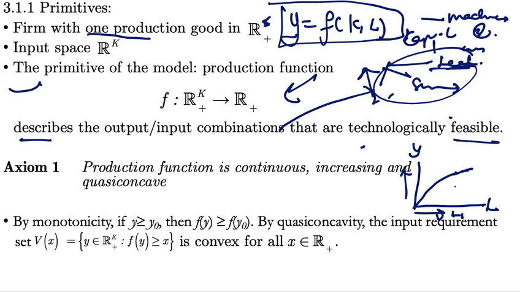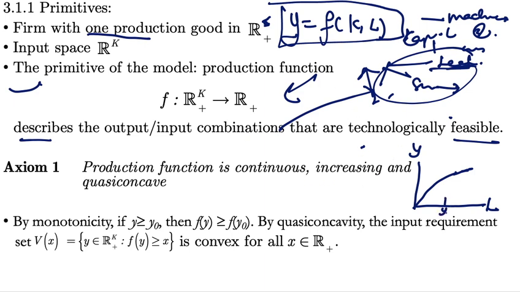And by monotonicity, if y is greater than y naught, let's just assume that we have one input for simplicity, just to visualize what this mathematics says about this axiom. So I'm trying to visualize it using this graph.